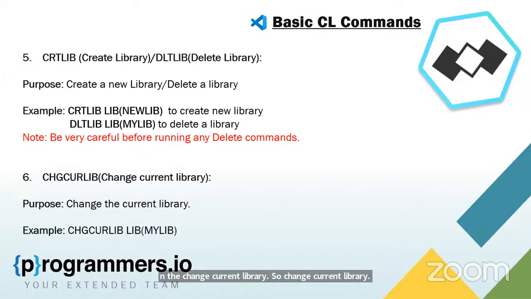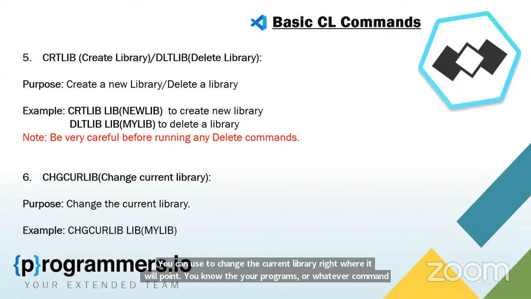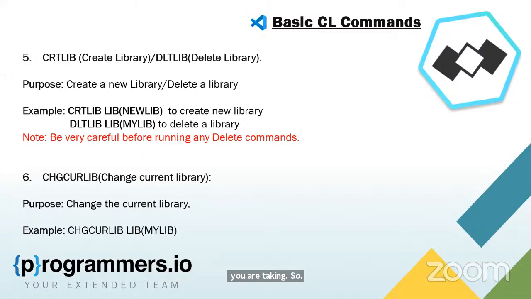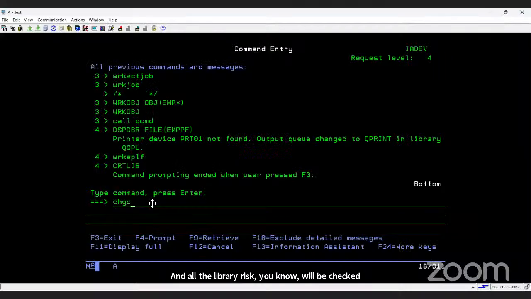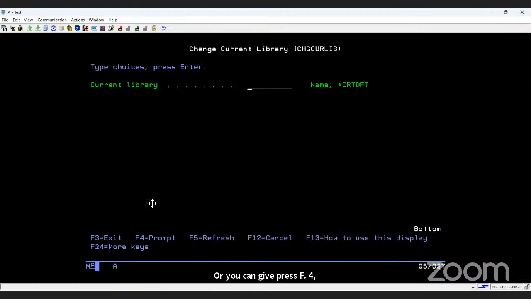It will point directly to your current library and check for the object in that library first, and the other libraries will be checked later. So you can set your current library using change current library, and you can give the library name, or press F4 for the prompt and mention your library over here. So mine is Chandan M.